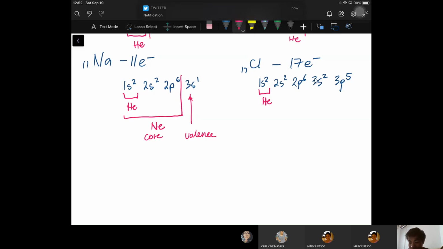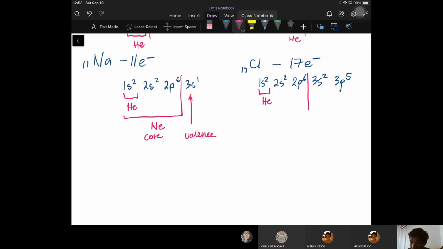So, punta naman tayo dito sa Cl. Ito yung core natin, He. Tignan natin kung may neon configuration tayo. Paano natin inaalam? Magbibilang lang tayo ng electrons. Pag dalawa, helium. Pag 10, neon. Pag 18, argon. So, 2, 4, 10.